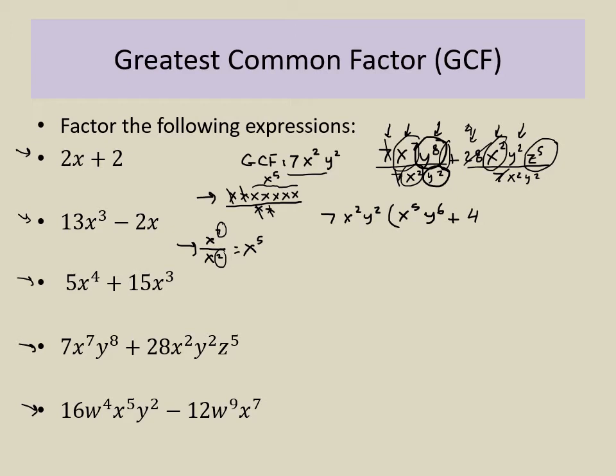X squared divided by x squared, those two are going to cancel each other. We're going to get 1. Y squared divided by y squared also will cancel. We're going to get 1. But then what we have left in the numerator is z to the power of 5.